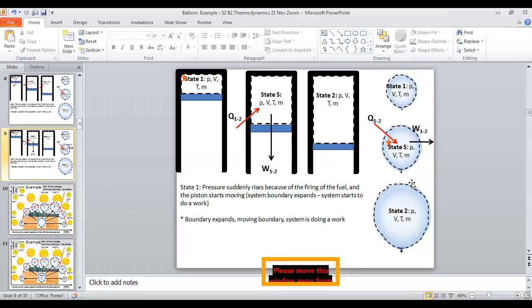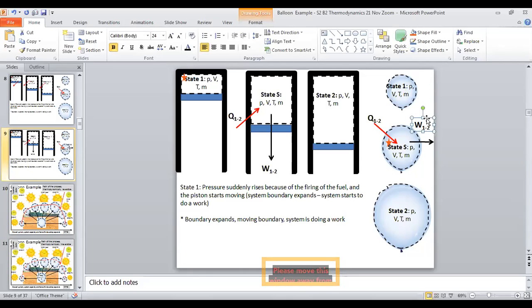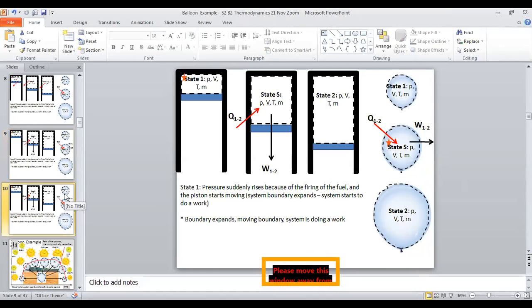It expands radially, something like this. This is what I just put as W1,2. Later I will look into the next slide.